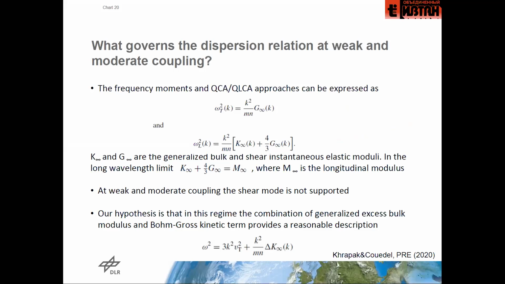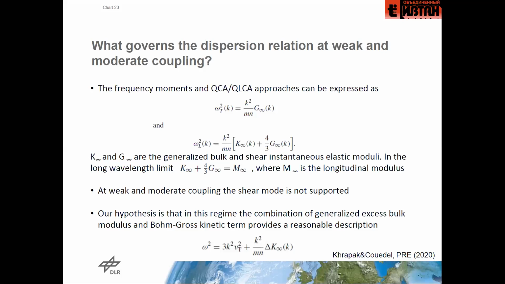The next point is what governs the dispersion relation at weak and moderate coupling. So far we were concentrated on the regime of strong coupling, but now I will go to the regime where coupling is smaller, and where the kinetic effects can be comparable to the effect related to the interparticle interaction.